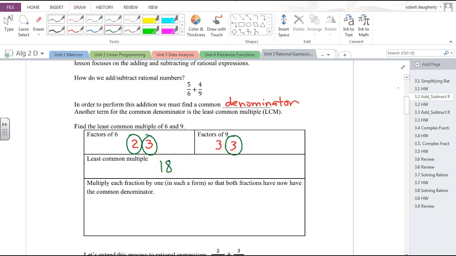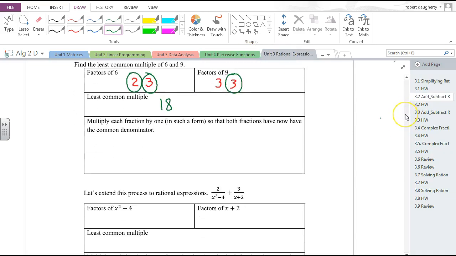So you broke that down into each of its factors, and then each factor has to be represented in your denominator. So what I will do, in order to add 5/6 and 4/9, I need the denominator to be 18, okay?